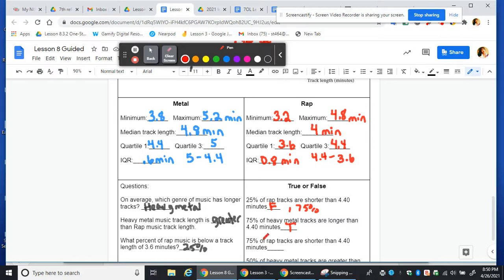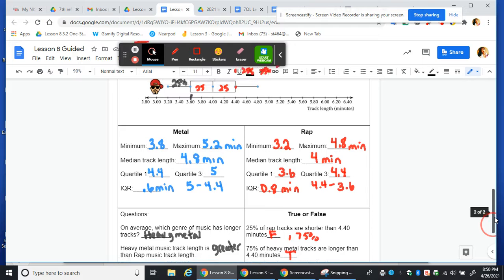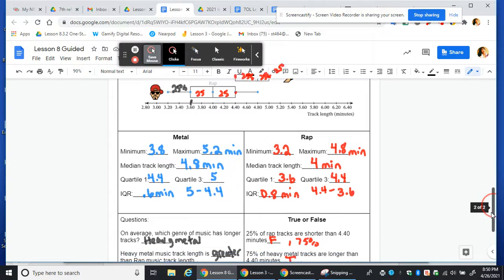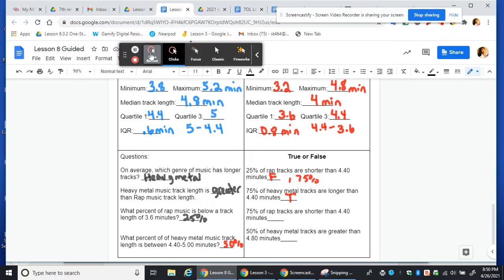All right, 75% of rap tracks are shorter than 4.4 minutes. Yep, that is true. Here's 4.4 minutes, and I have 75% shorter than 4.4 minutes. So that one would be a true statement.